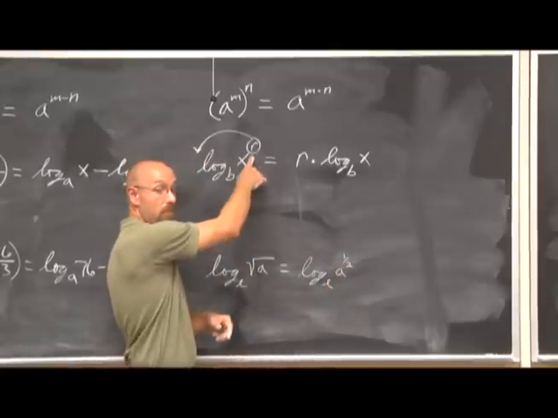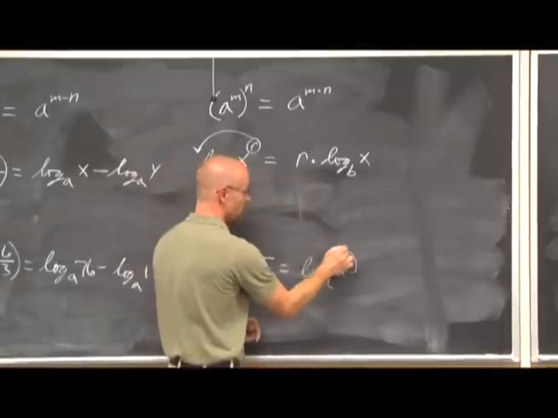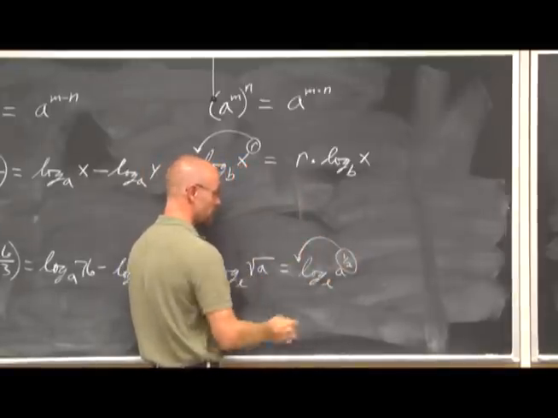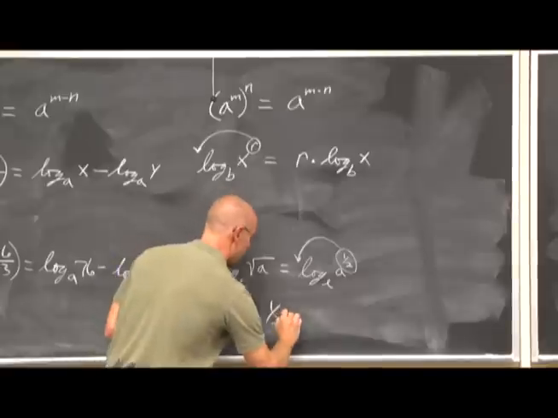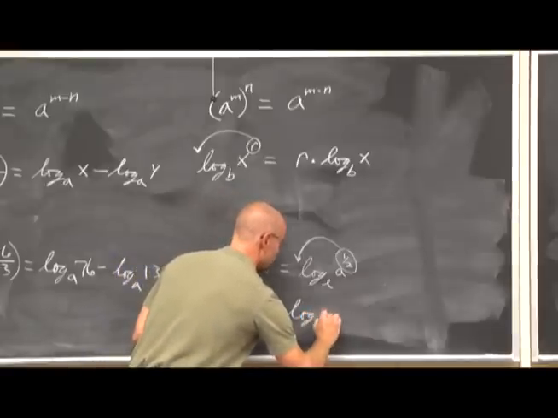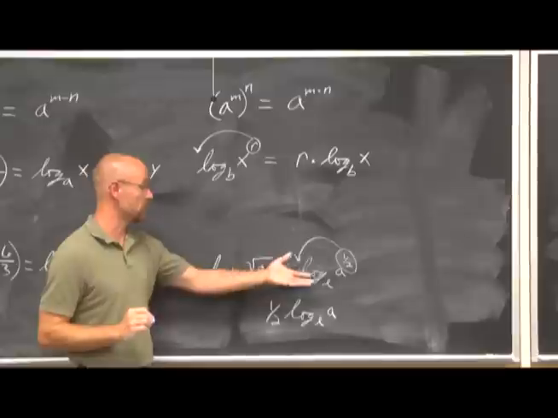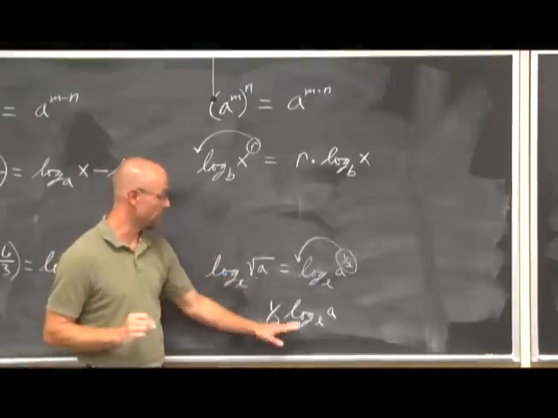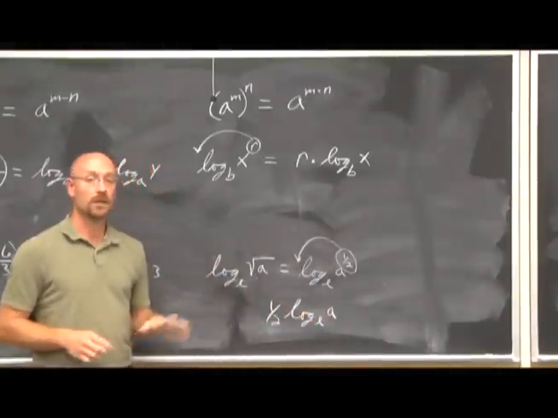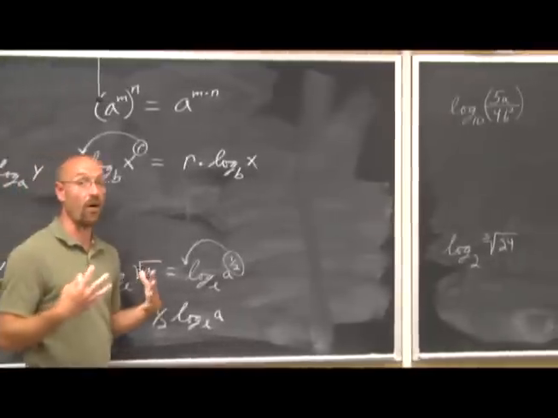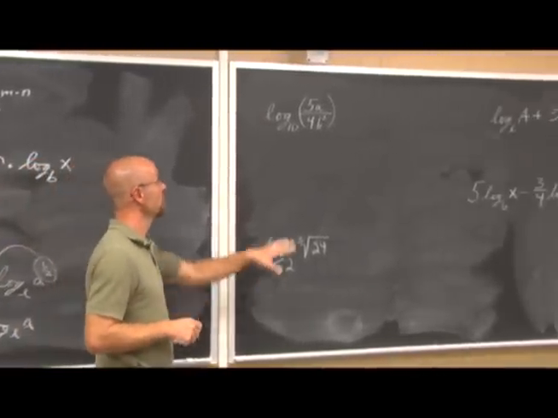I can apply my power rule and multiply it. So I get 1/2 times log base b of a. So we actually got rid of that radical and brought that power out. 1/2 log base b. Now let's look at an example where we apply all of these rules all at once.